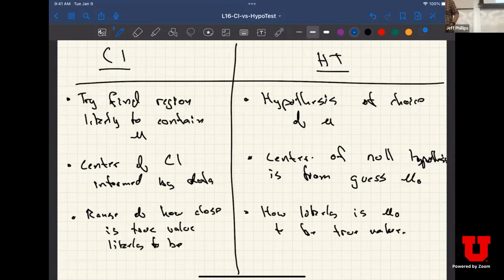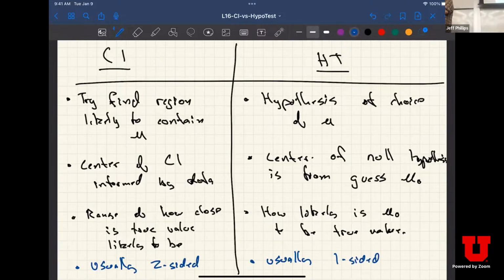One other thing, the confidence interval is usually two-sided. That means I take a guess and I say, here's the distance on either side. And that means you actually have half of your probability that you get the wrong thing above and half below. The hypothesis test is usually one-sided.